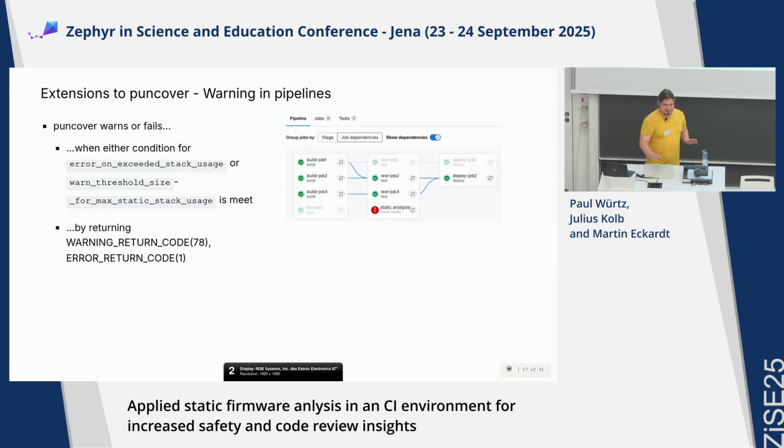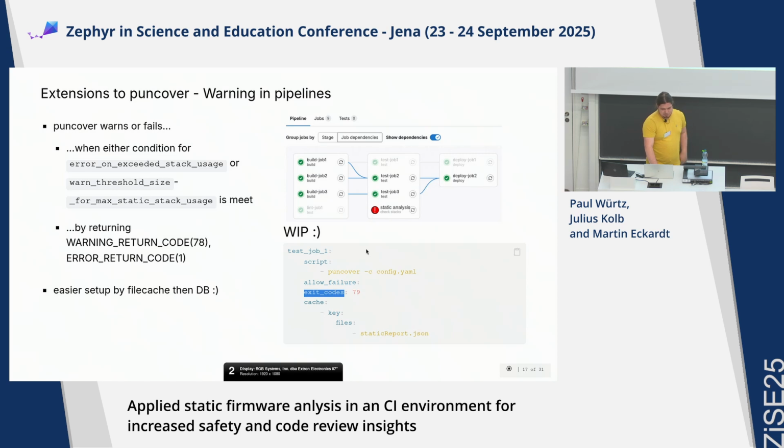It's work in progress. I don't have the example configurations yet, but the basic idea is that you run PunCover, and then you get either one code for a warning, you're almost statically close to a stack overflow, or an error that you're certainly violating your own memory requirements that you set for your stack. So the idea is that in GitHub CI markup, it looks something like this: you run PunCover, you allow the warning that you're close to fail so that you get a yellow warning, and if it's another exit code than 0, it will throw you an error.